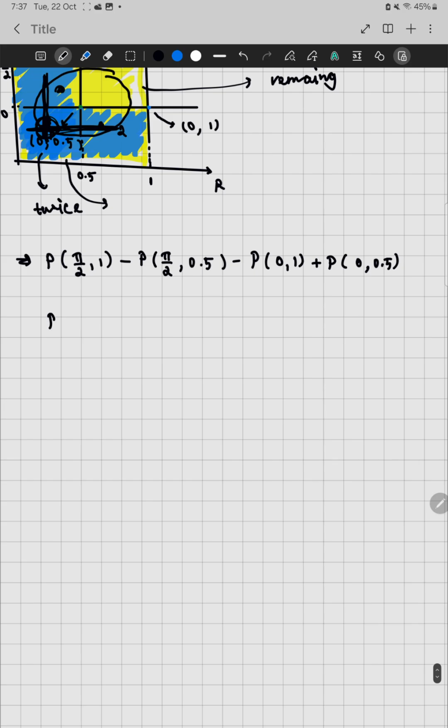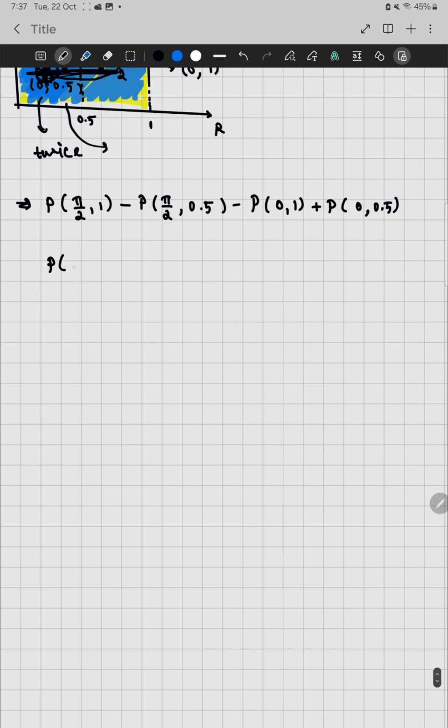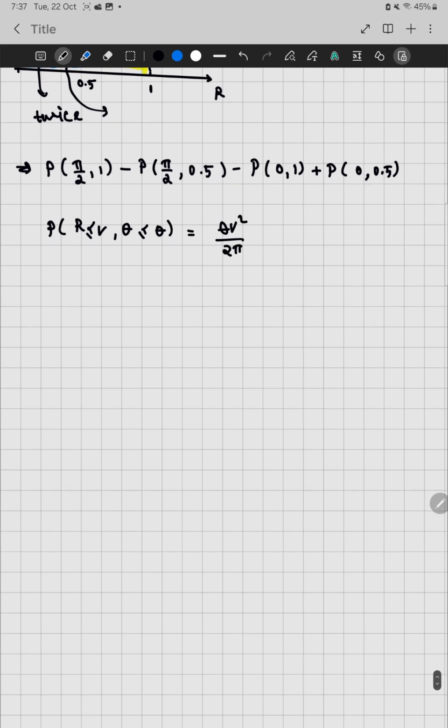Now for the probability, the joint CDF formula we had is theta r square by 2 pi from the first question. So now substituting the theta and r values, P of pi by 2 comma 1 is nothing but pi by 2 times 1 by 2 pi, which is 1 by 4.